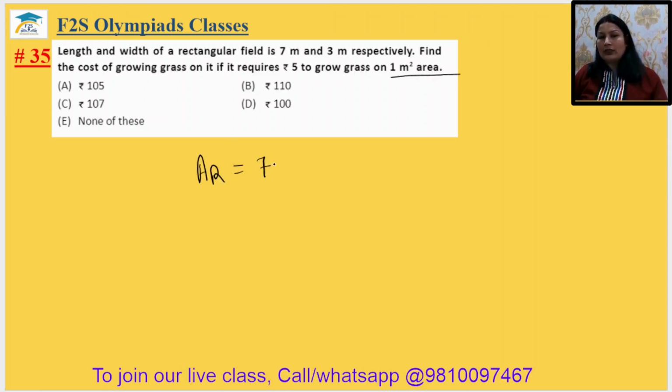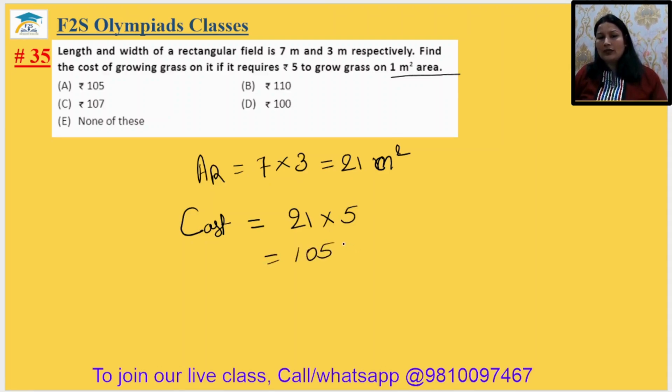Area of the rectangle will be 7 multiplied by 3, that is 21 meter square. And cost for growing grass will be area multiplied by cost per unit square, so that is 5. So 5 ones are 5, 5 twos are 10, 105 rupees. It is in the option number A. 35th answer is option A.